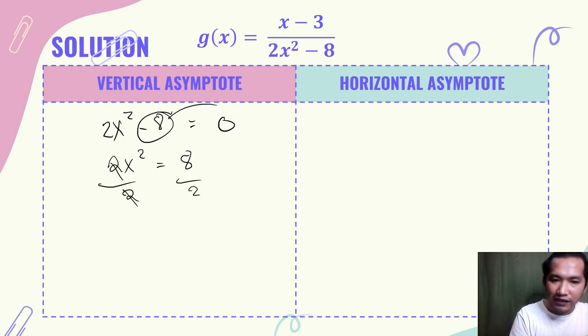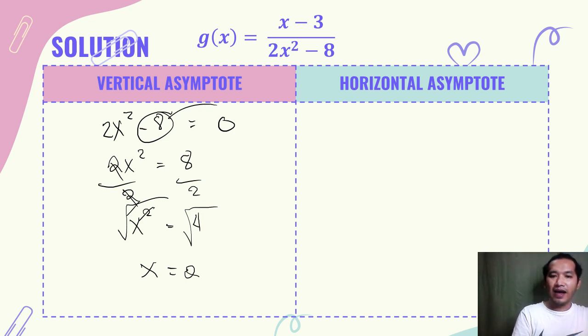2 cancels. And what remains is x squared is equal to 8 divided by 2, which is 4. Let's apply square root for us to have the value of x. The square root cancels, and what remains is x is equal to, what is the square root of 4? That is 2. Alright, so that is our vertical asymptote.